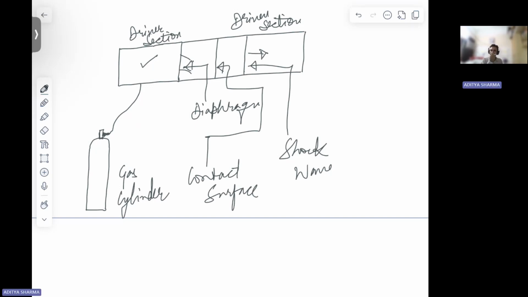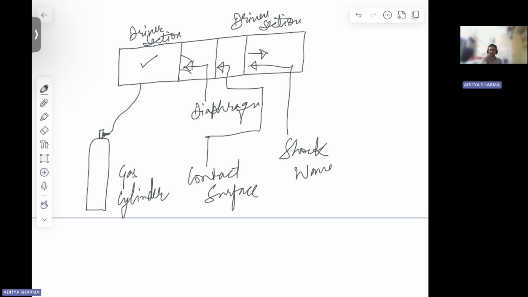The contact surface separates your driver gas and your driven gas. You have gas in the driven section and gas in the driver section. When this gas moves, first your shock wave will move, and then the gas will come after some time.